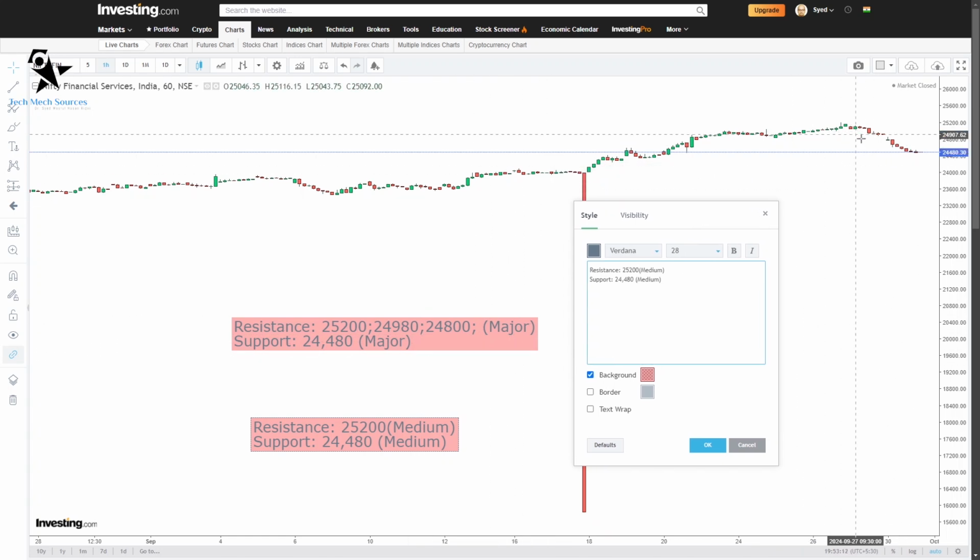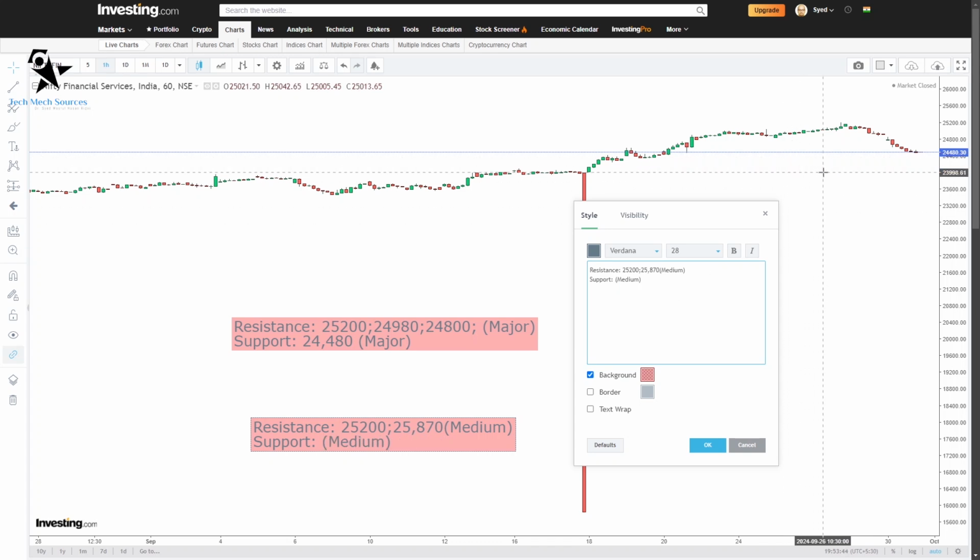The next one, 25,870. So I'm writing it here, 25,870. These are the resistances. What about the supports?